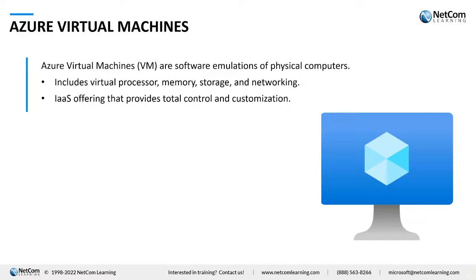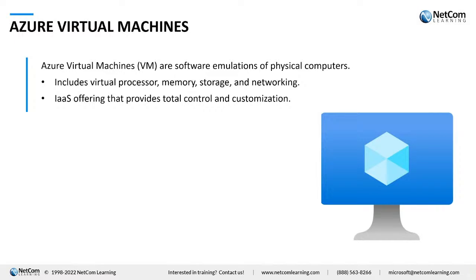So Azure Virtual Machines, as I mentioned before, is a virtual machine software emulation capability of physical computers. If you've ever done any virtualization in your on-premise network, all you're doing is taking that virtualization and doing it in the cloud, right? So you're not really creating a machine.